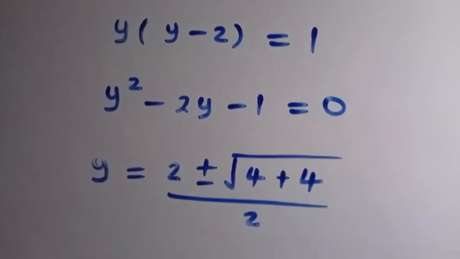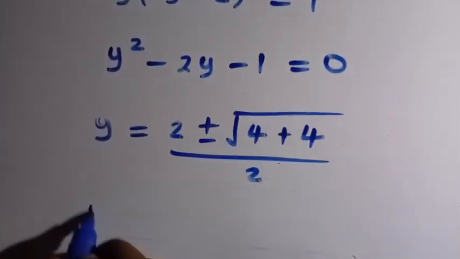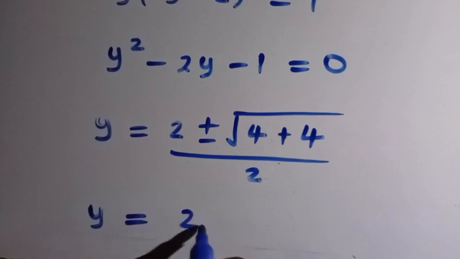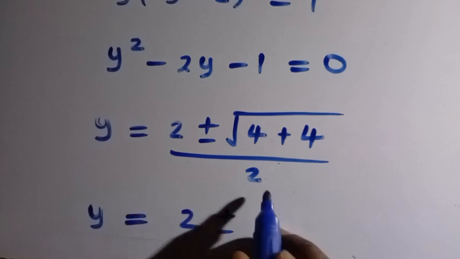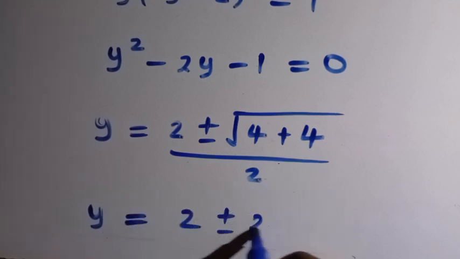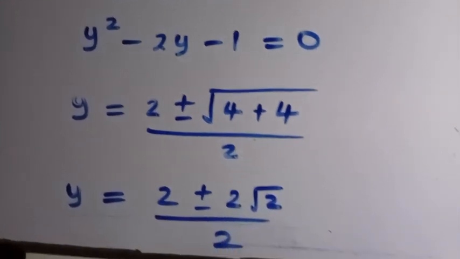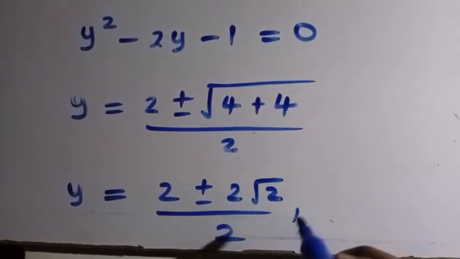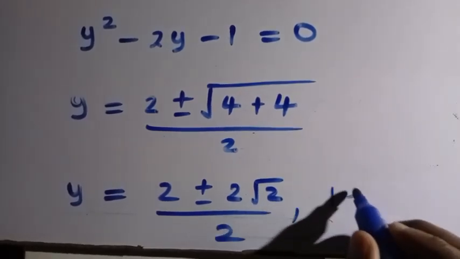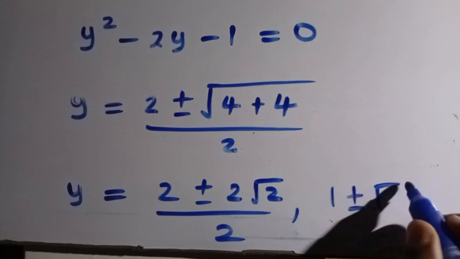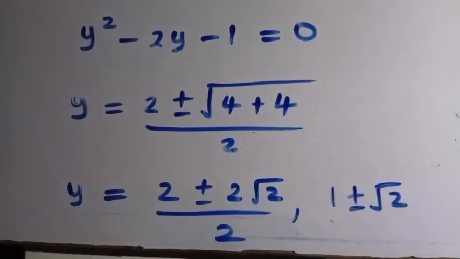So we have y equals 2 plus or minus the square root of 8, which is 2 root 2, divided by 2. For the whole of this, we consider this as 1 plus or minus root 2.